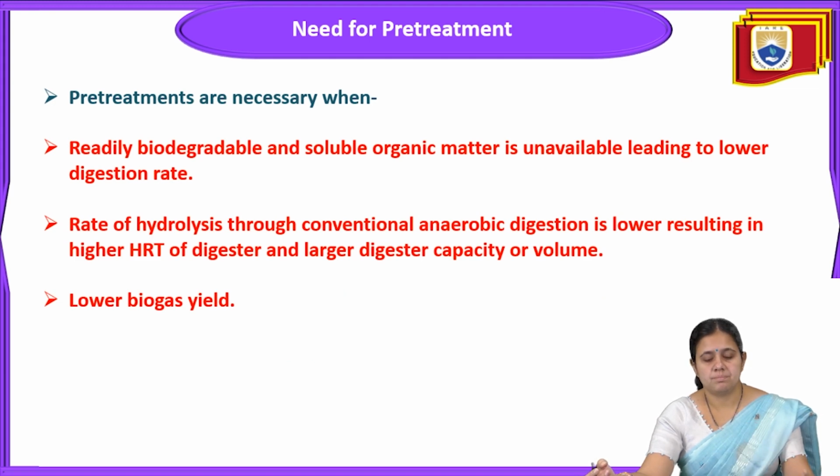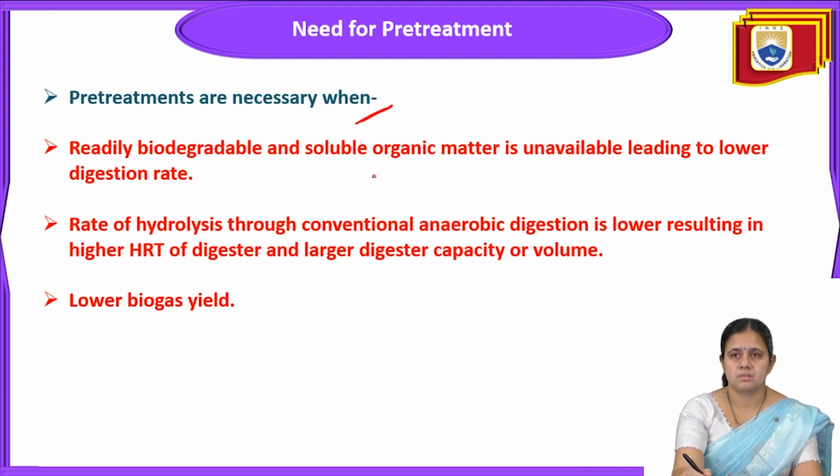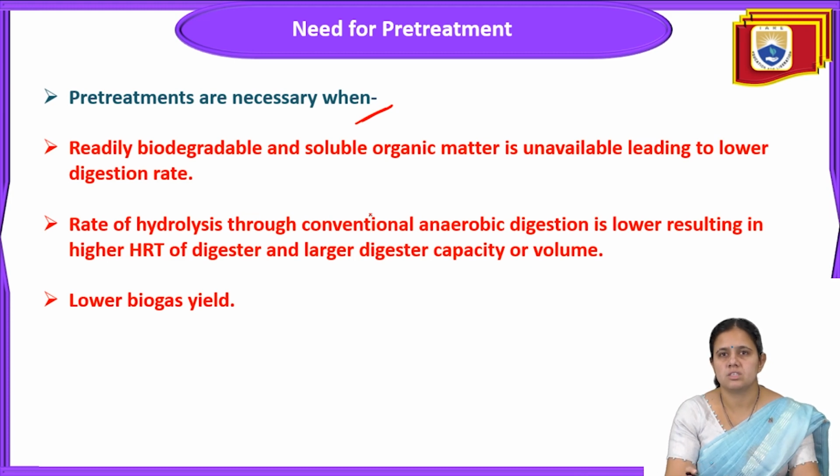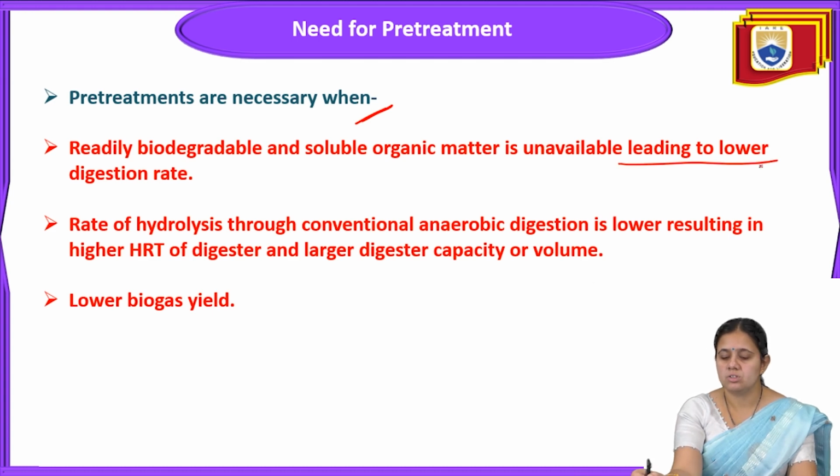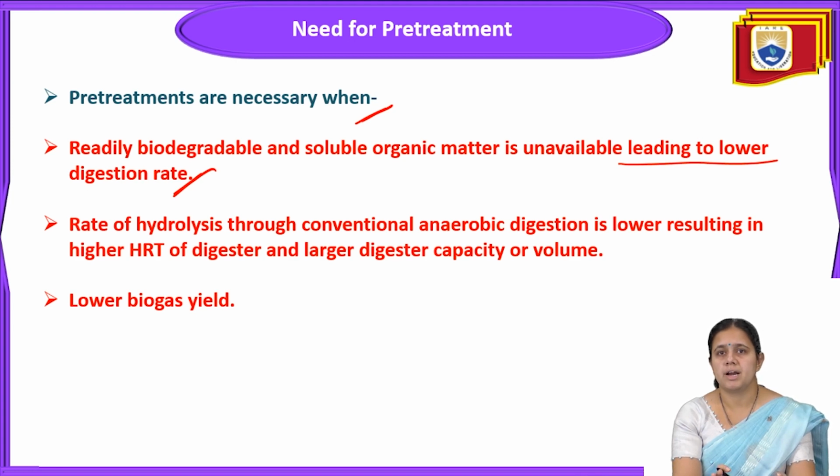So why is this pre-treatment necessary? This pre-treatment is necessary when the readily biodegradable solid organic material is unavailable, and it will lead to a lower digestion rate. So what happens? Readily biodegradable solid organic matter will be unavailable, meaning it will not be there, and the organic matter will not be readily soluble, not readily biodegradable.